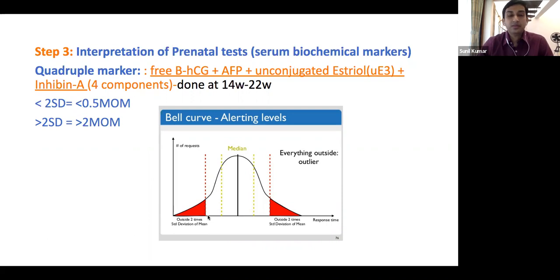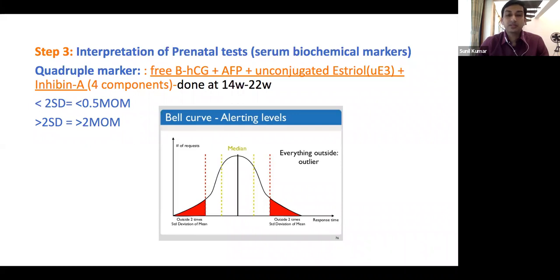If the value is towards the left side of the median, it is called less than 0.5 multiples of median, which is significant. If the value is 2 standard deviations away on the right side of the median, then it becomes more than 2 multiples of median.